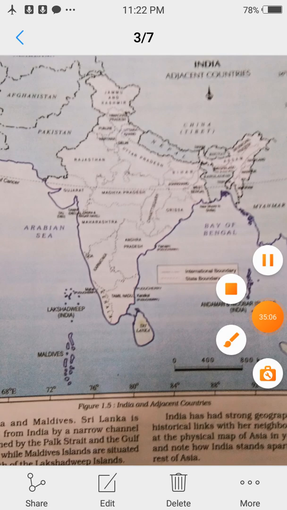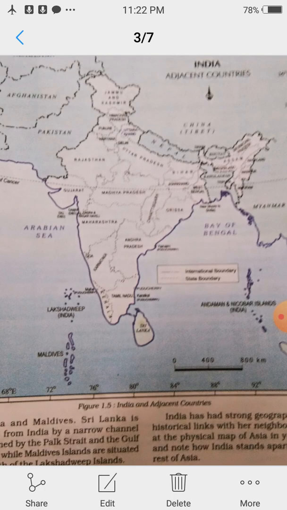So here we have seen all about India. The Tropic of Cancer, at 23 degrees 30 minutes latitude, divides the entire country into almost two equal parts, and it is known as the Tropic of Cancer.